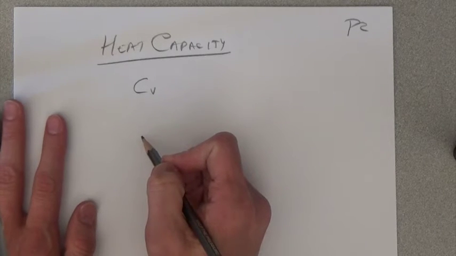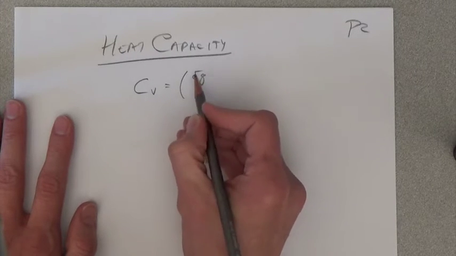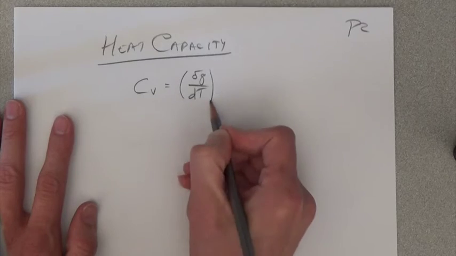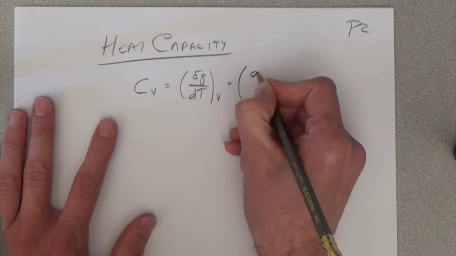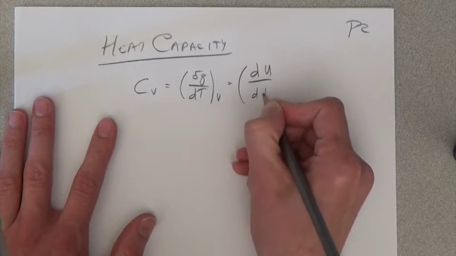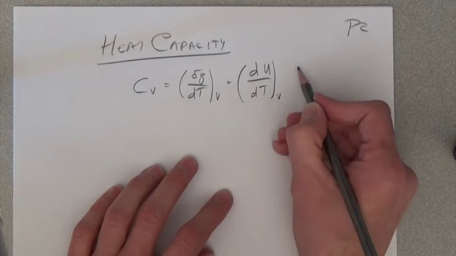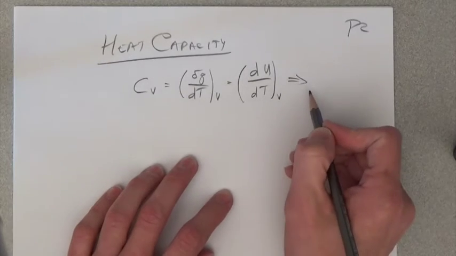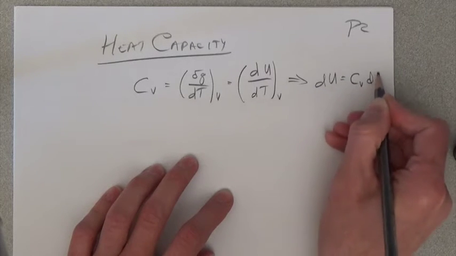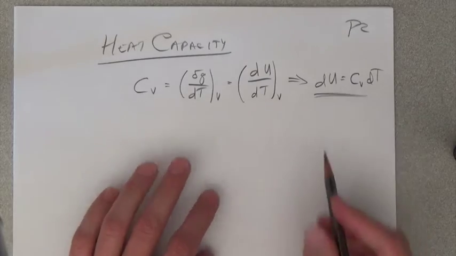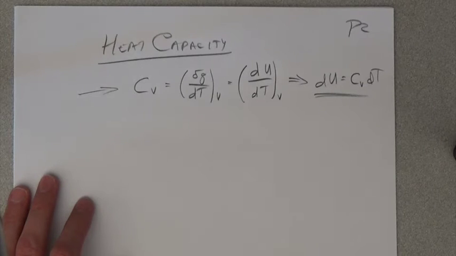We have C_V, the constant volume heat capacity, equal to dQ/dT at constant V, which is dU/dT at constant V, and that's because we have the expression dU equals C_V dT, or maybe I should say it's a consequence of this constant volume heat capacity expression.